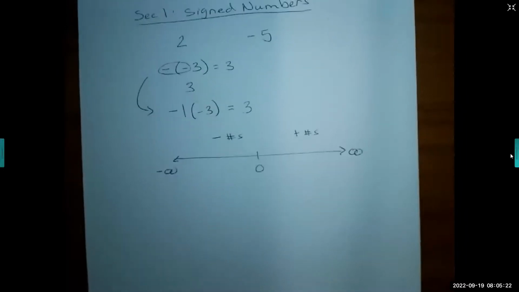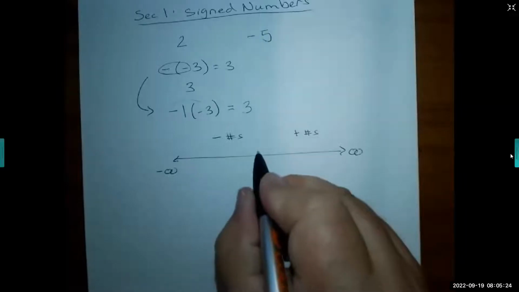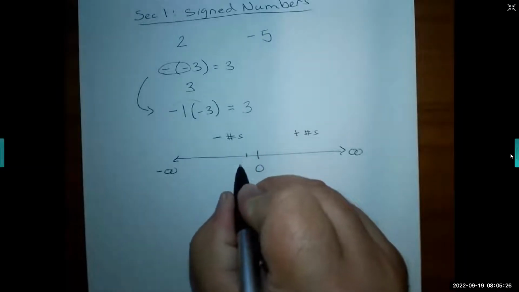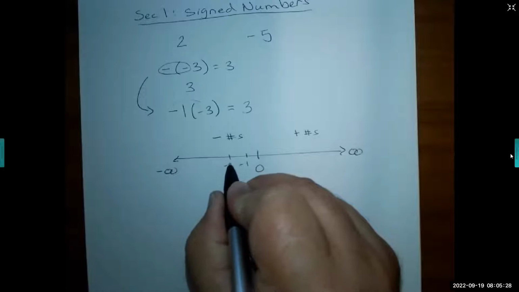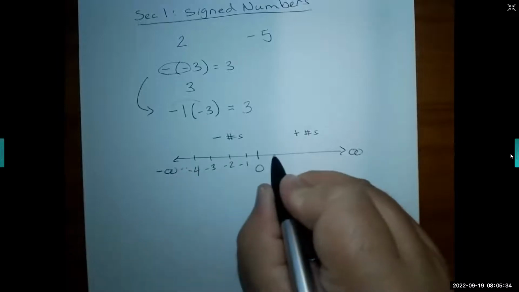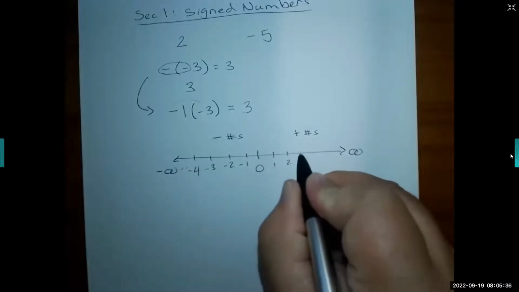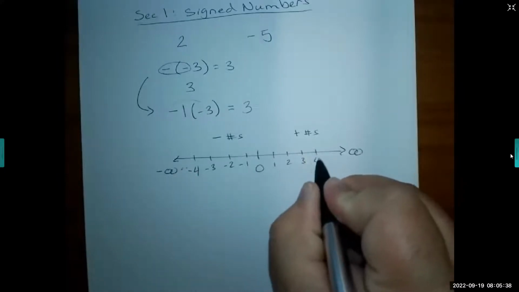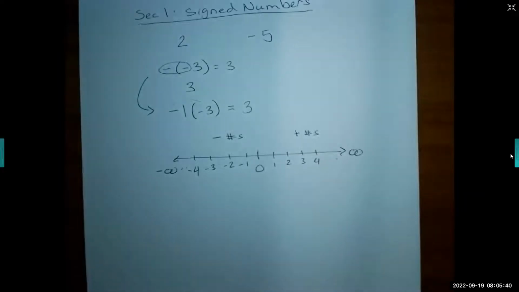On a number line, zero is in the middle, negatives are to the left, and positives are to the right. So negatives to the left. Now, why is that?